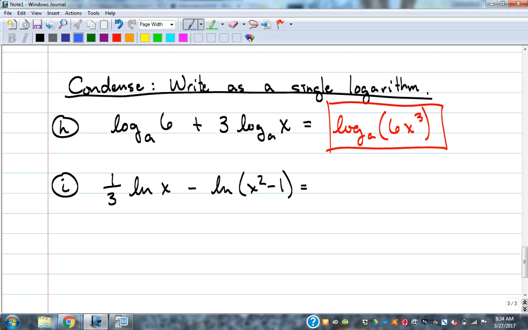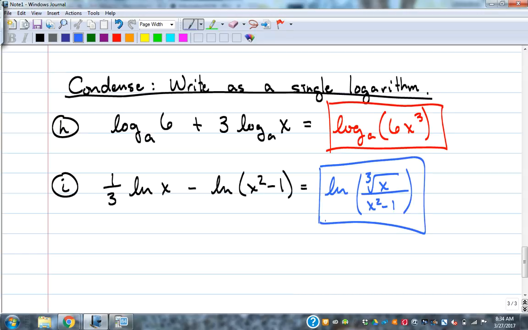What's on top? Cubed root of x over just x squared minus 1. I'll put it all in parentheses there. Why is that the cubed root? 1/3 power, same thing as cubed root.